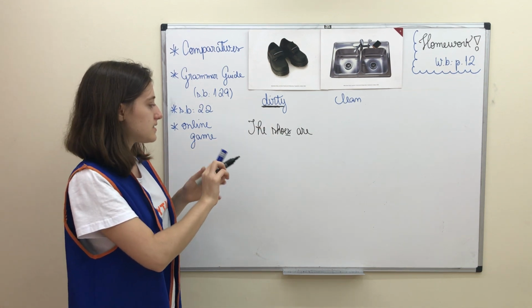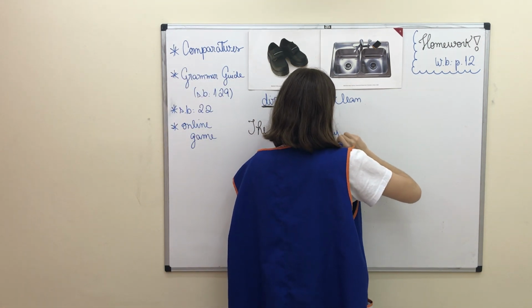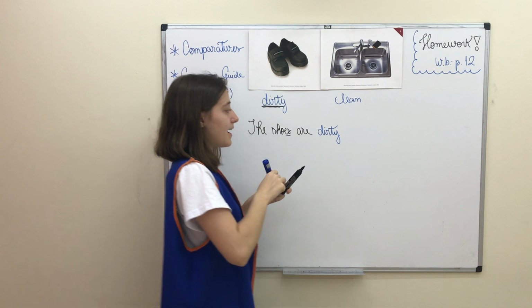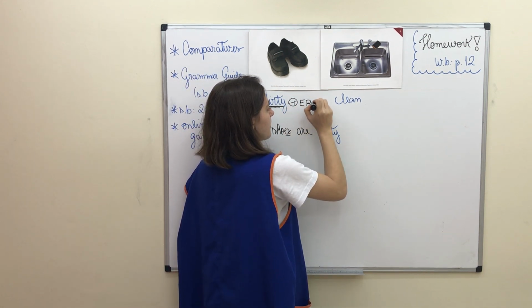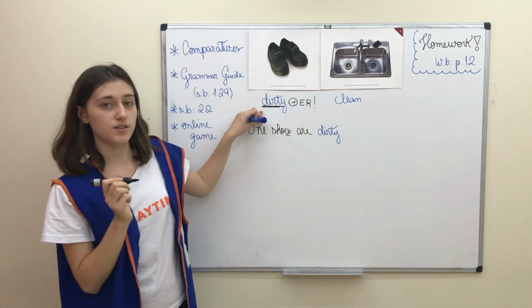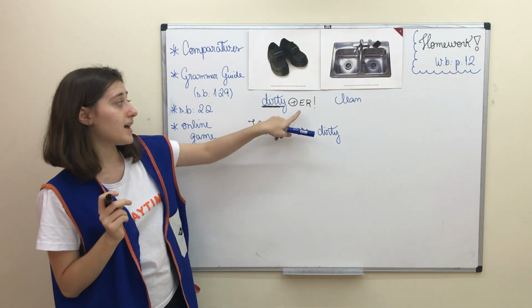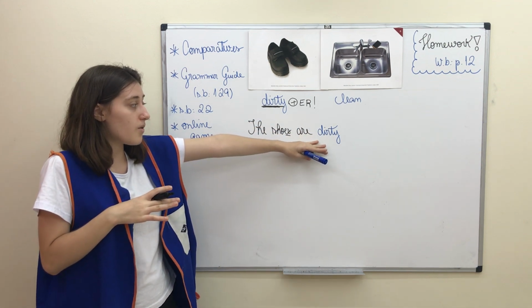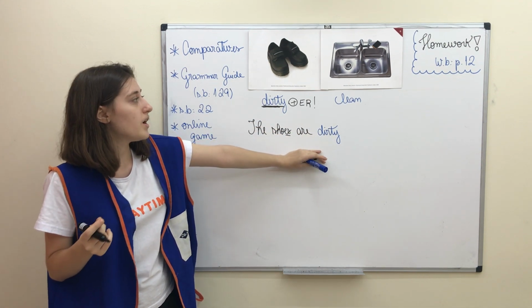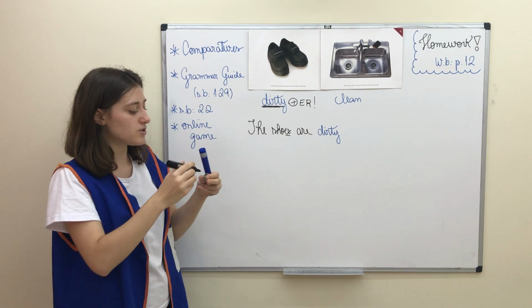How do I do this? The same way. I have dirty here. And remember, I have to add ER. Always. Sempre que a gente for usar um adjective para fazer uma comparison, para compare two things, I am gonna add ER. But in this case, we have another detail. Como a gente teve no CVC com big, aqui a gente tem mais um.